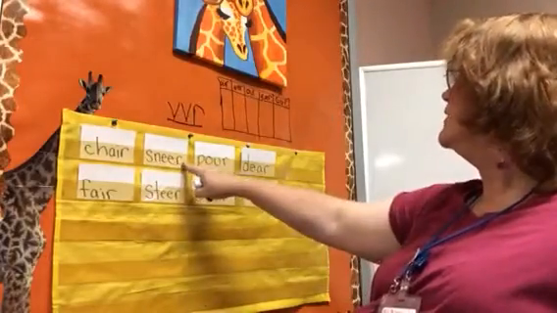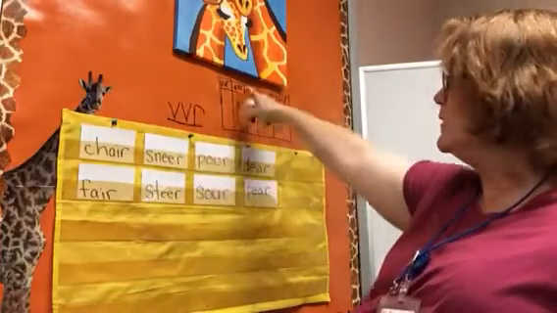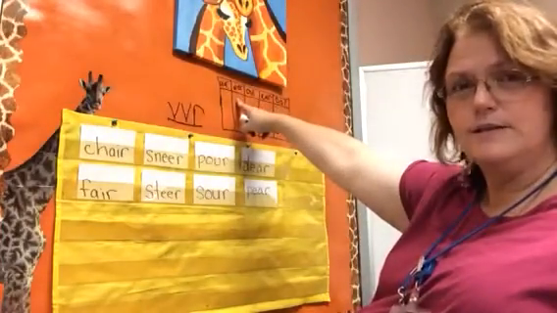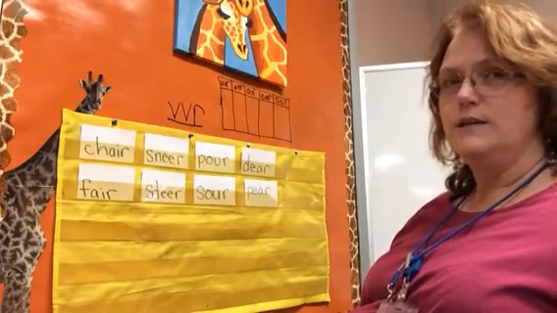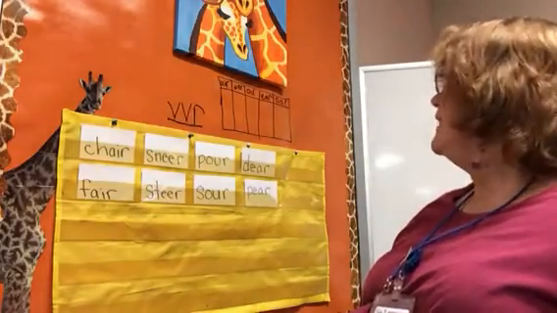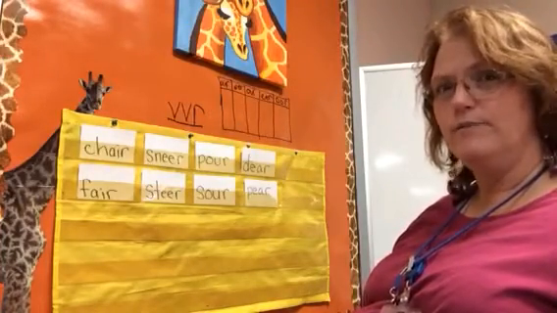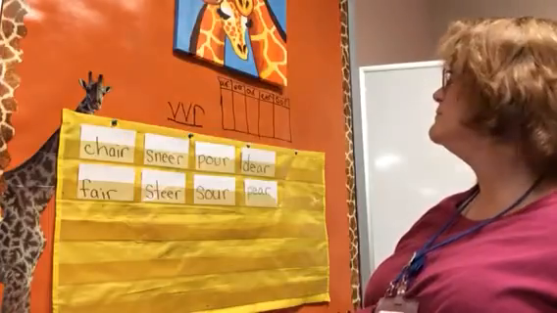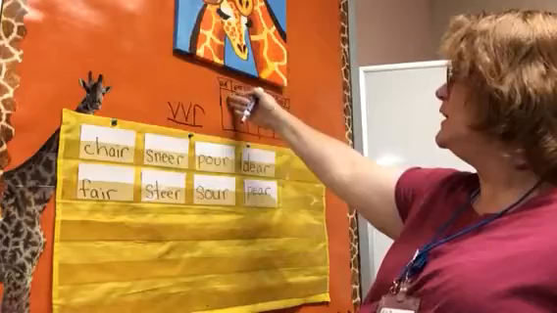I'd go sneer. Oh, that goes here. And then I would put it down there. So I'm reading it and writing it and sorting it all at the same time. And then we're going to add one more thing to the instructions that are listed, and that is that you put another word in each category, at least one more word than what they have for you in each category.